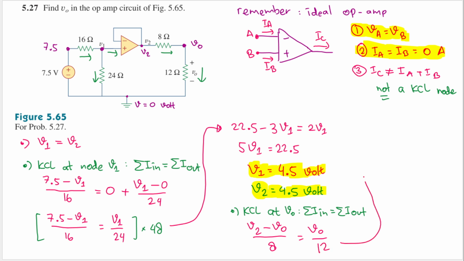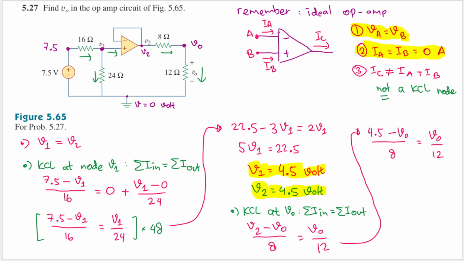Okay, let's work in some space here. We know that V2 is 4.5, so we will have 4.5 minus V0 divided by 8, and that will equal V0 divided by 12. Now what can we do?